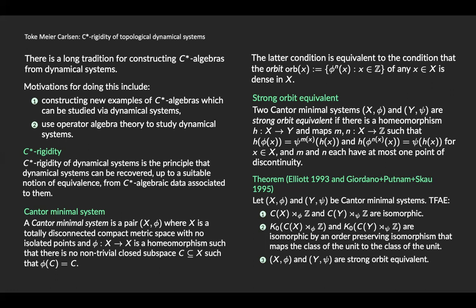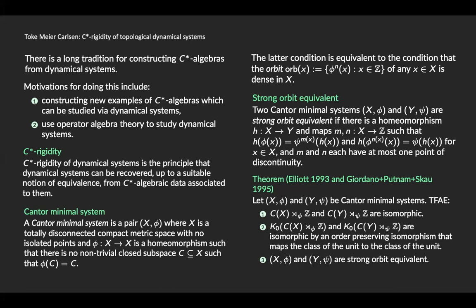Yeah. I don't know. I hardly know anything about LP algebras, so I can't say so much. But I guess maybe it's the case that the LP algebras are somehow a finer invariant of the dynamical systems.